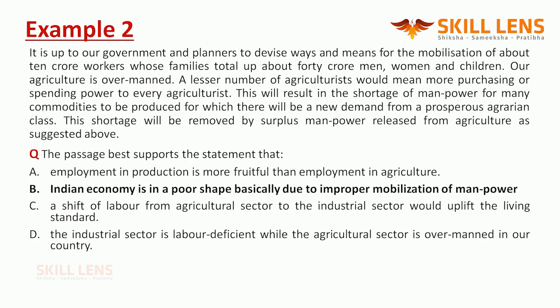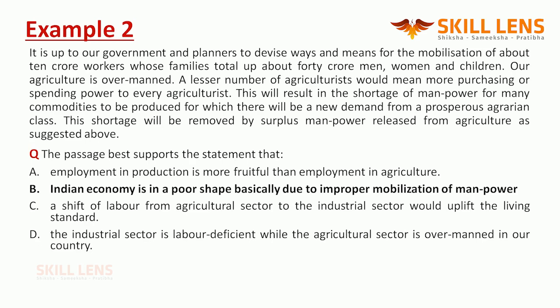The option D says the industrial sector is labor deficient while the agricultural sector is overmanned in our country. So it does say that the agricultural sector is overmanned. However, it does not say that the industrial sector is labor deficient. Nowhere is that mentioned in the paragraph.